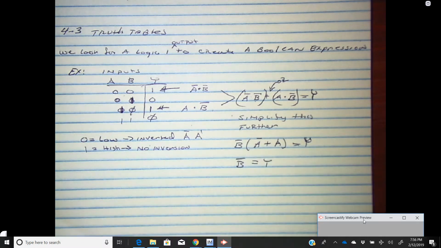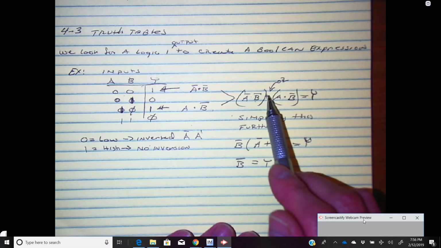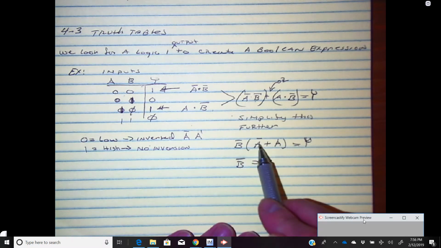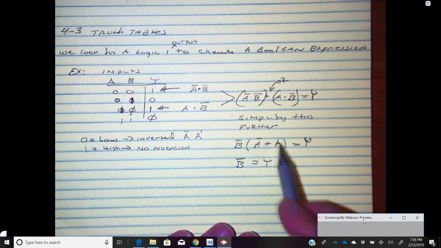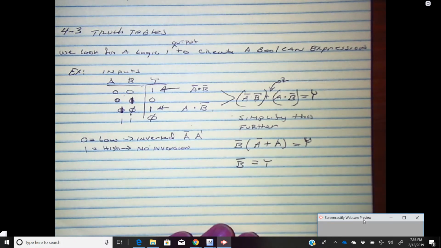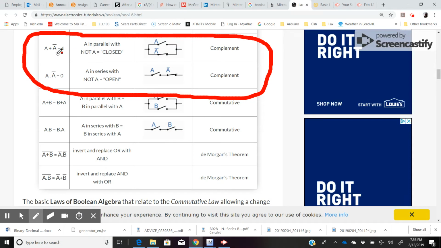Well, based on this, it's like doing mathematics. What's left is I have an A naught ORed with an A. So that's what I did over here. So remember in the equation that we just did, A or A naught is equal to a 1.